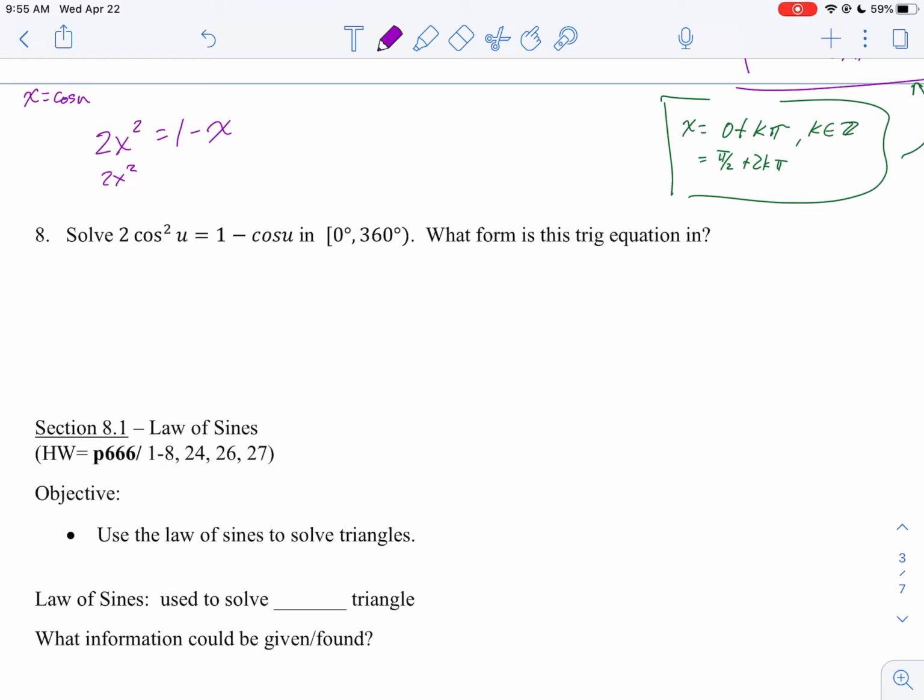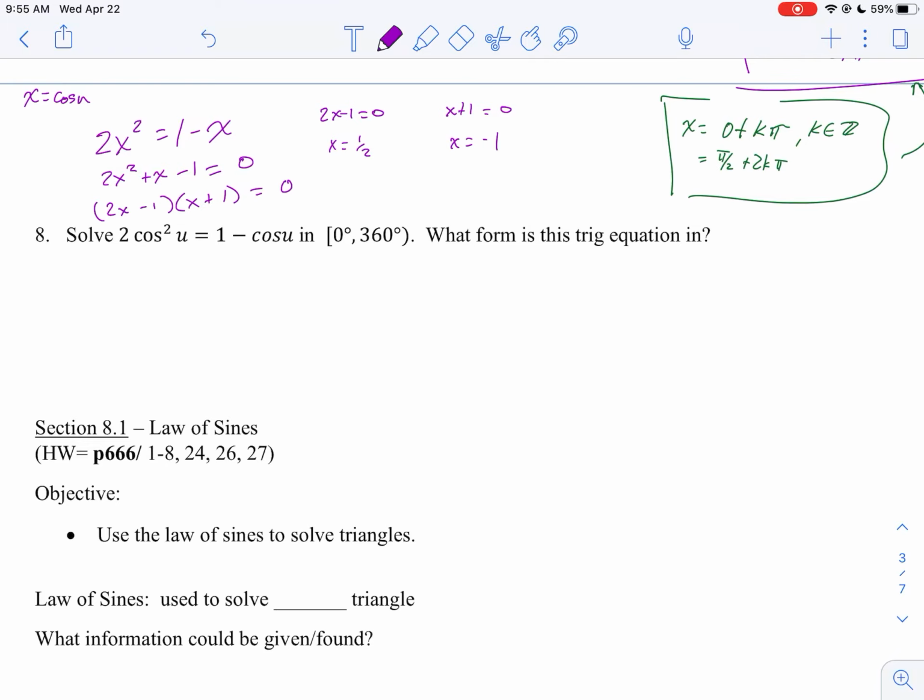You would say, okay, I need to get the x squared and the x and the constant term on one side, get it equal to 0, and then I want to try to factor that. So that's going to end up being plus 1 minus 1, and then I'm going to split them up. I know 2x minus 1 can be 0, or x plus 1 can be 0. And so I know x can be 1/2, or x can equal negative 1.